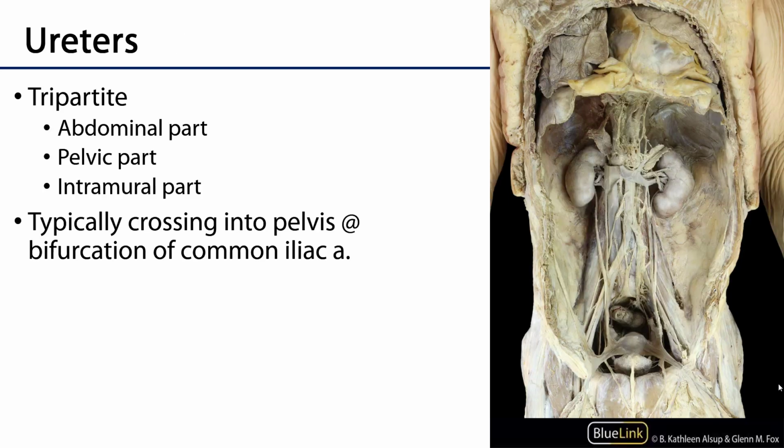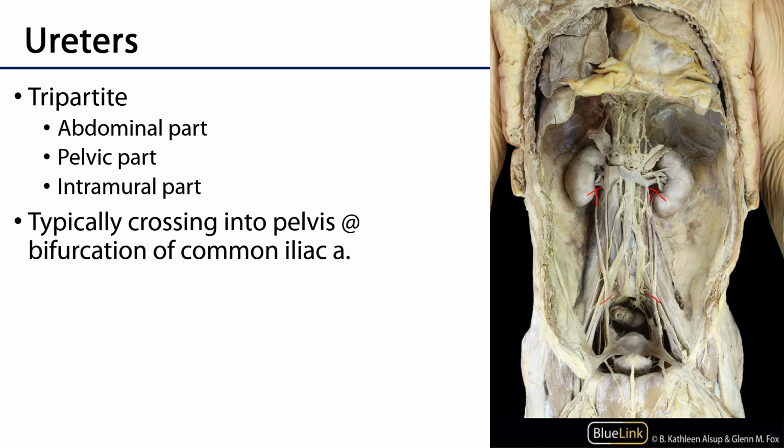So let's begin our story with the ureters. The ureters are continuations of the pelvis of the kidney, or the renal pelvis, and there are three parts to them. There's the abdominal part, which begins at their origin and runs down to approximately the pelvic brim.